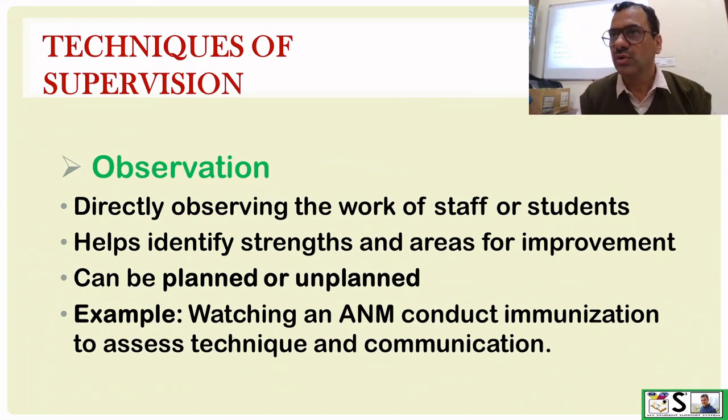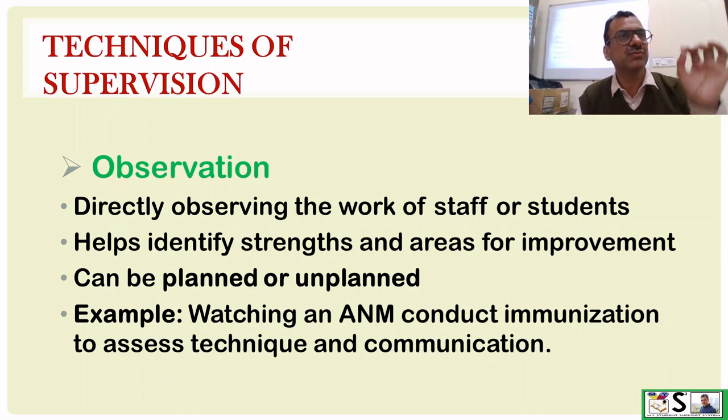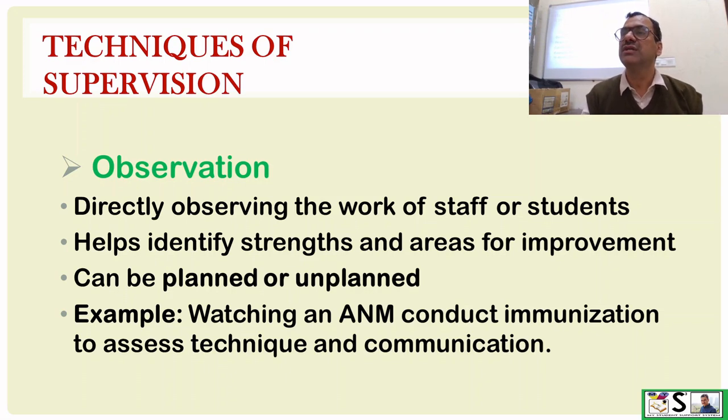So first of all, one very important technique is observation. This observation can be made everywhere when the supervisee or the subordinate staff is doing his or her work. Directly observing the work of staff, students or supervisee is known as the technique of supervision, which is just observation.